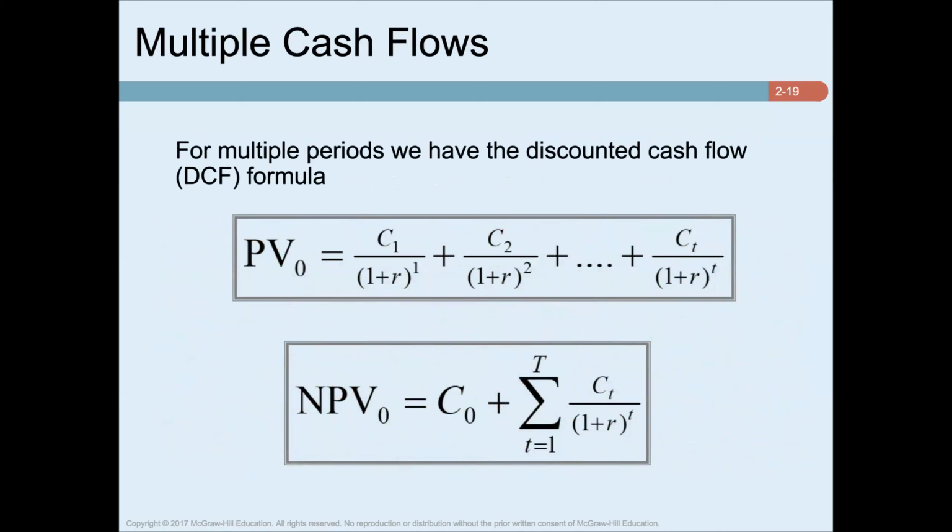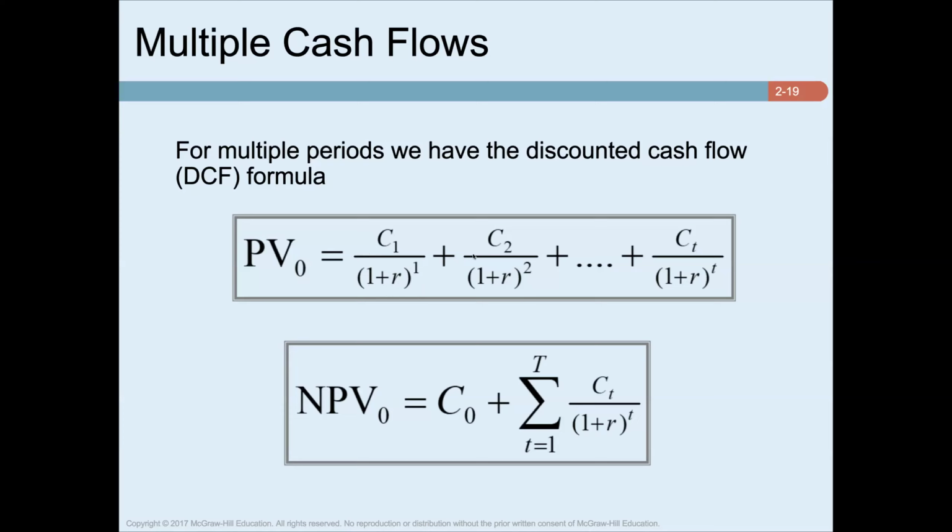And then we also have multiple cash flows, like what we are going to do in our Excel example. The Excel example, we will talk about it later, but the present value, current present value, 0 means now, okay, period 0. Then year 1: C1 is the cash flow in year 1, divided by 1 plus R to the power of 1.